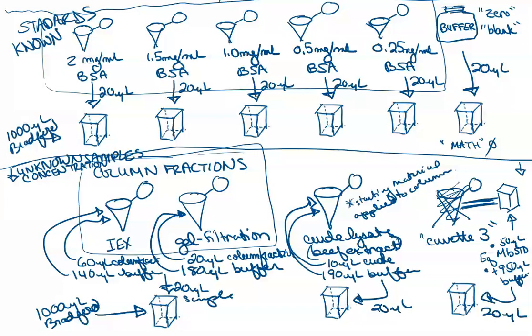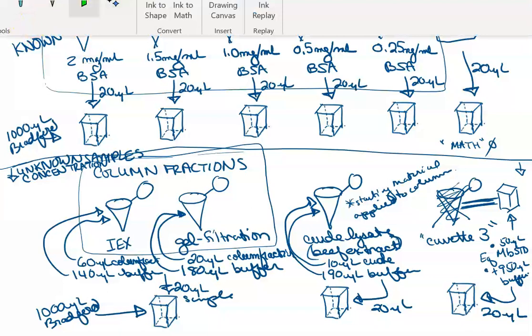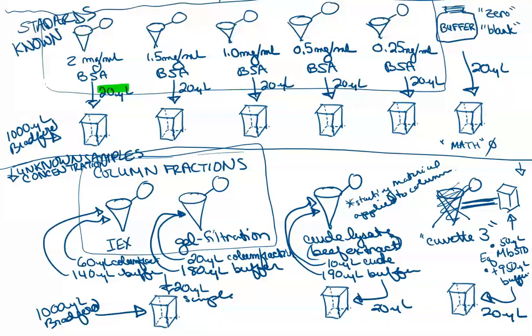Because everything is the same as far as the volume that we added to the cuvettes, we can make comparisons directly. So we added 20 microliters of each of these standard curve points and 20 microliters of each of these unknown samples. So it makes the math very simple.